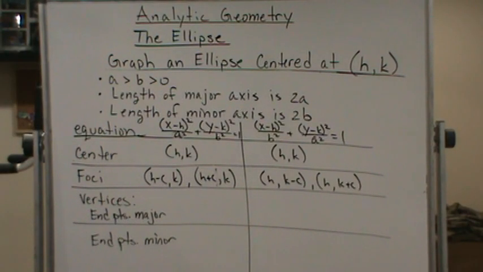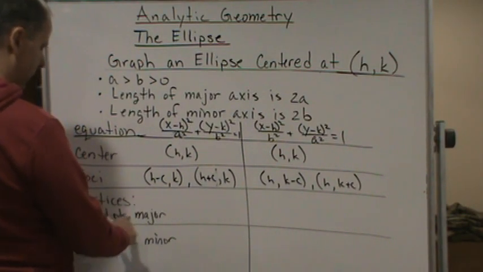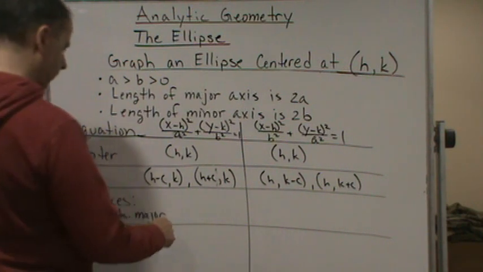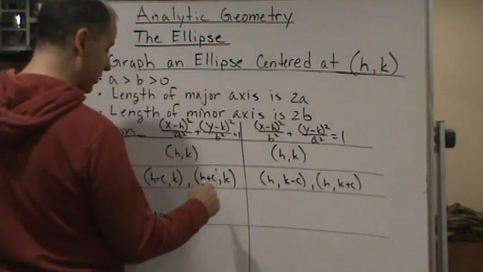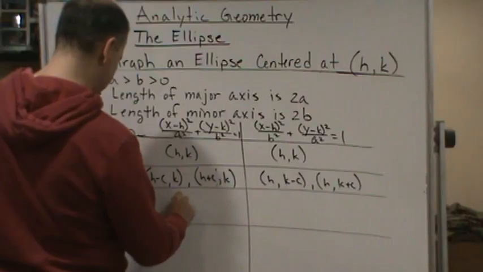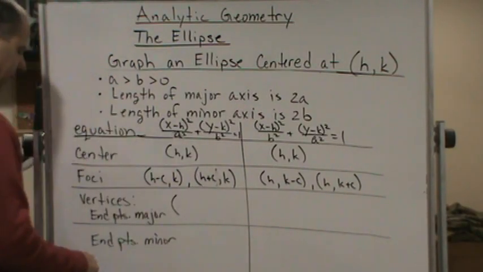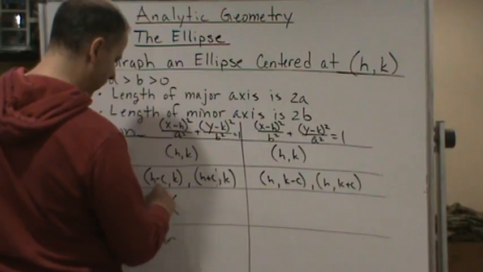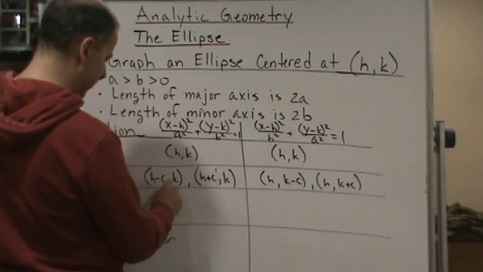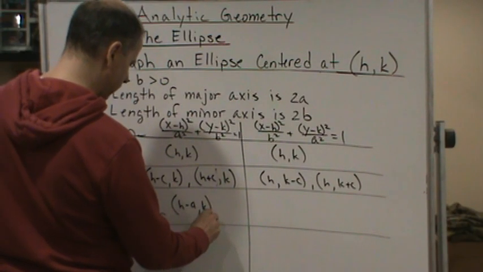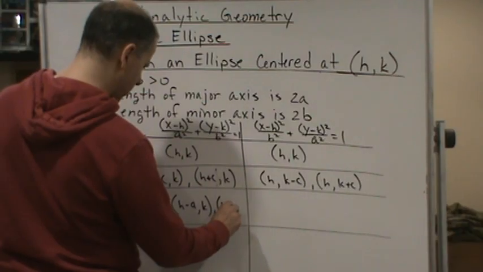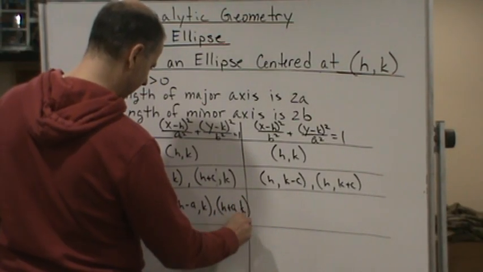Now, what about the vertices? Because we're going horizontal, the vertices are going to be the endpoints for the major versus the endpoints for the minor. So in this case here, if we're talking about the vertices on the major axis, that's your a, right? So it's going to be a units from the center, and in this case it's going to be h from h. So it's going to be h minus a comma k, and then the other one would be h plus a comma k.